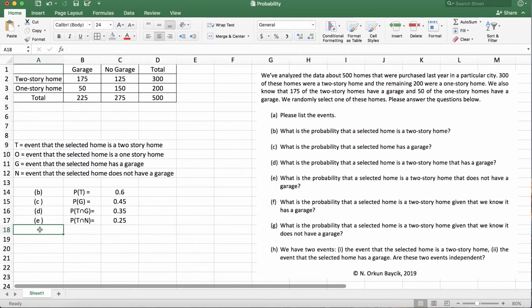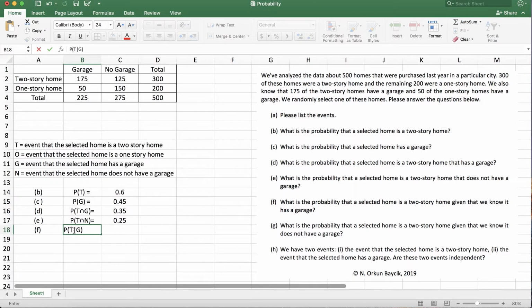So let's write down the notation for this event. So the notation will be the probability of T given G. Okay, so the probability of T given G. So what is the probability that a selected home is a two-story home given that we know it has a garage?